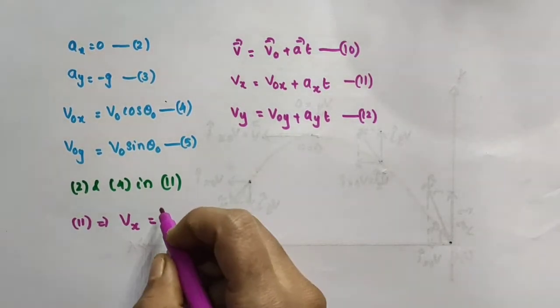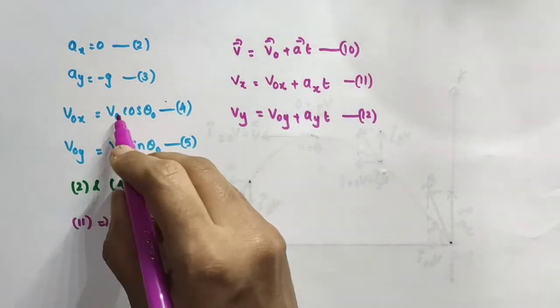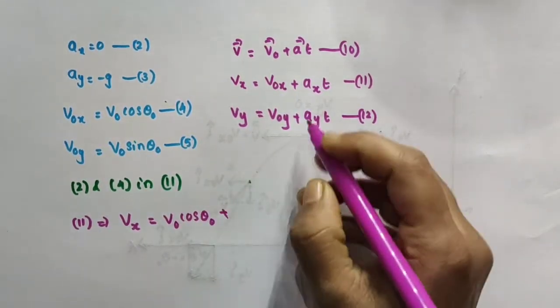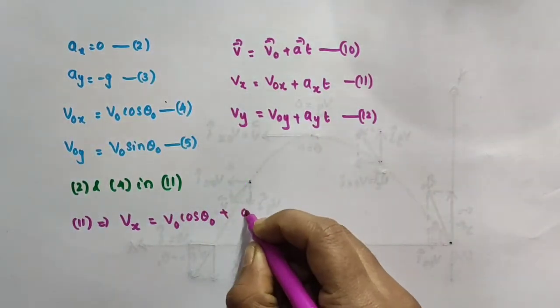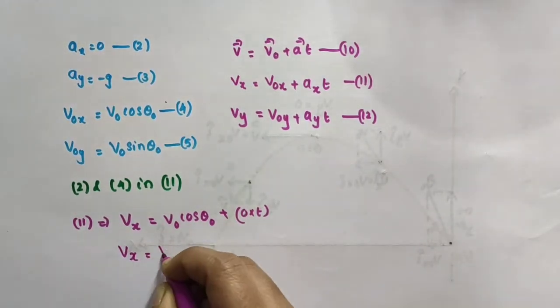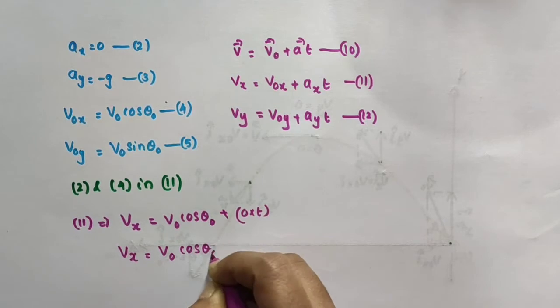Vx is equal to V0x, which is V0 cos theta 0, plus Ax. What is Ax? 0. So 0 into t becomes 0. So we can write the x component of velocity as V0 cos theta 0.